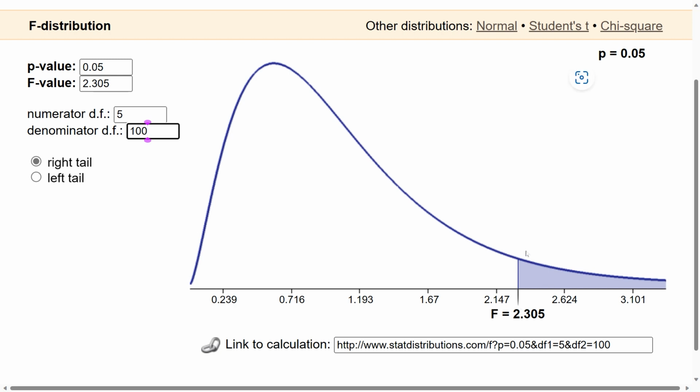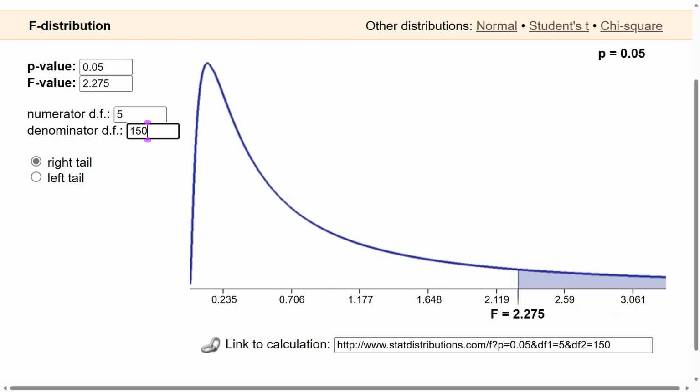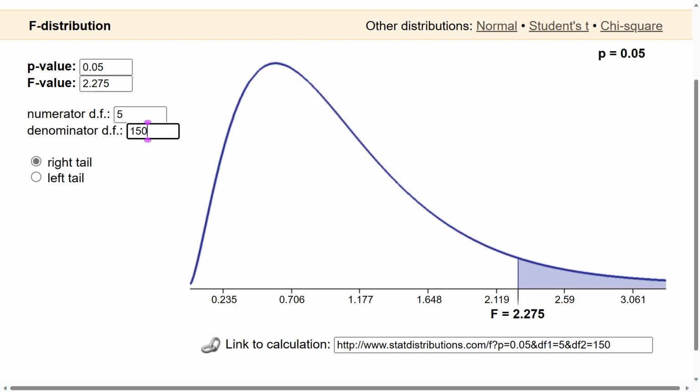With a p value of 0.05, that's my critical value, and at the critical value my f value is 2.305. This is for comparison purposes when we take up an example. Let me keep this and increase the number of observations to 150, and it's getting closer.